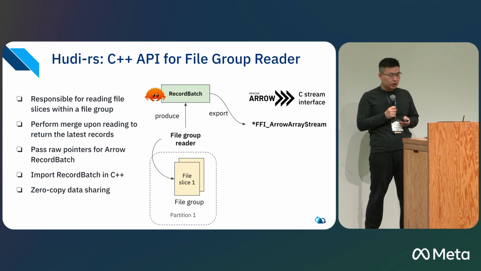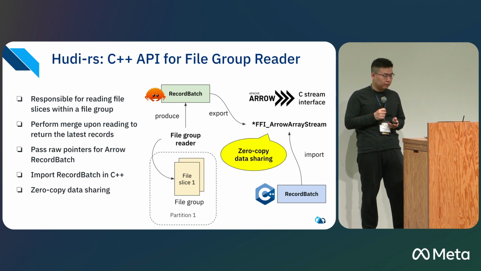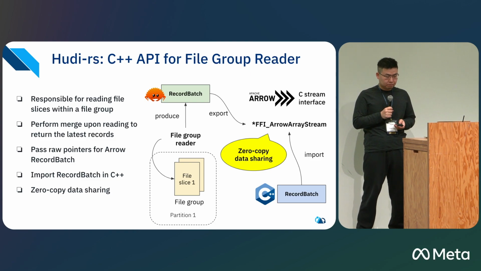A C++ application using Arrow can import the record batch through the same C interface. This approach is also quite efficient due to the zero-copy data sharing within the process. This is supported through the C interface.